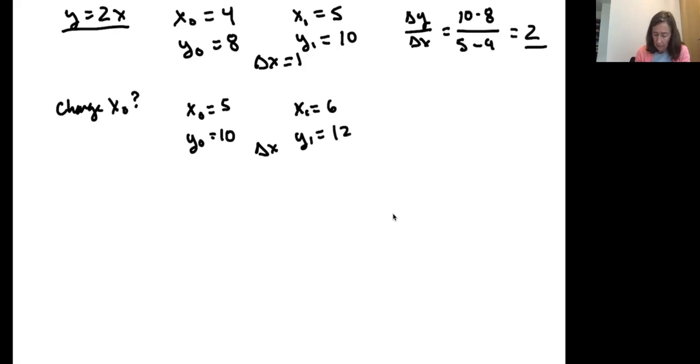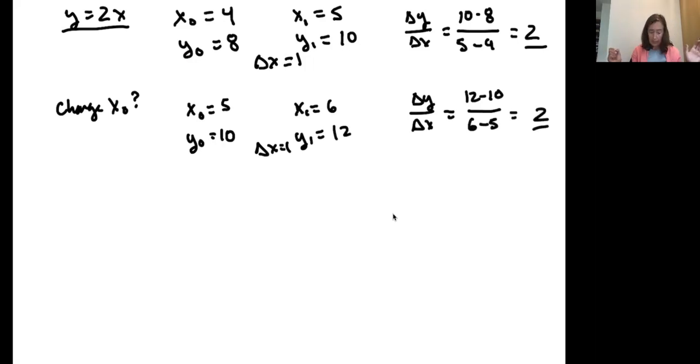Still delta x of 1 there. Calculate delta y over delta x here. On the top, my delta y, y1 minus y0, is 12 minus 10, and the delta x is 6 minus 5. I still get 2. Great.